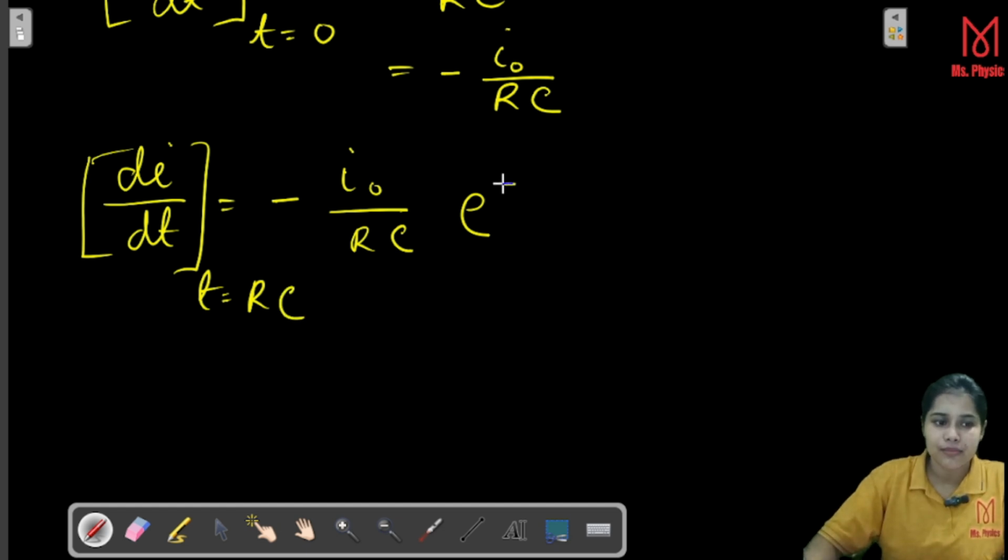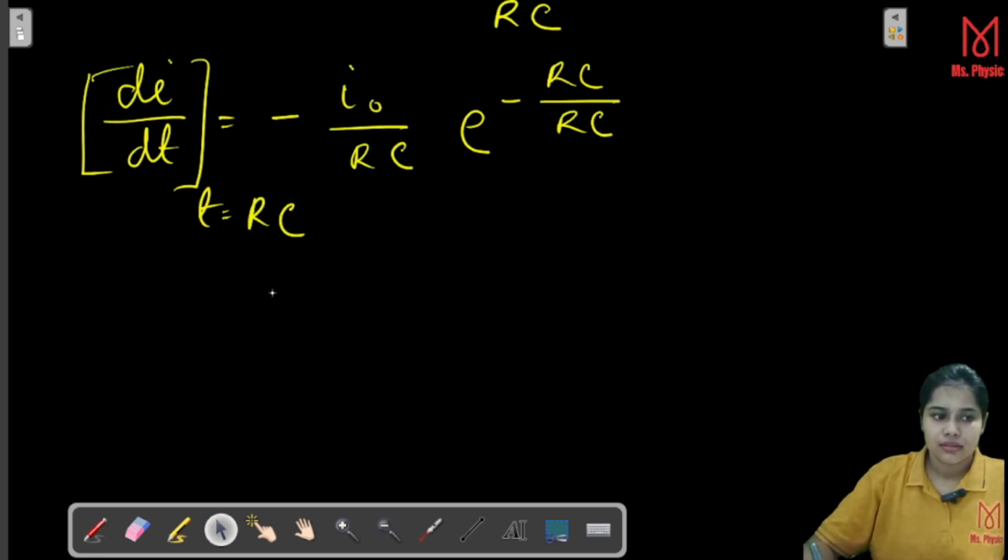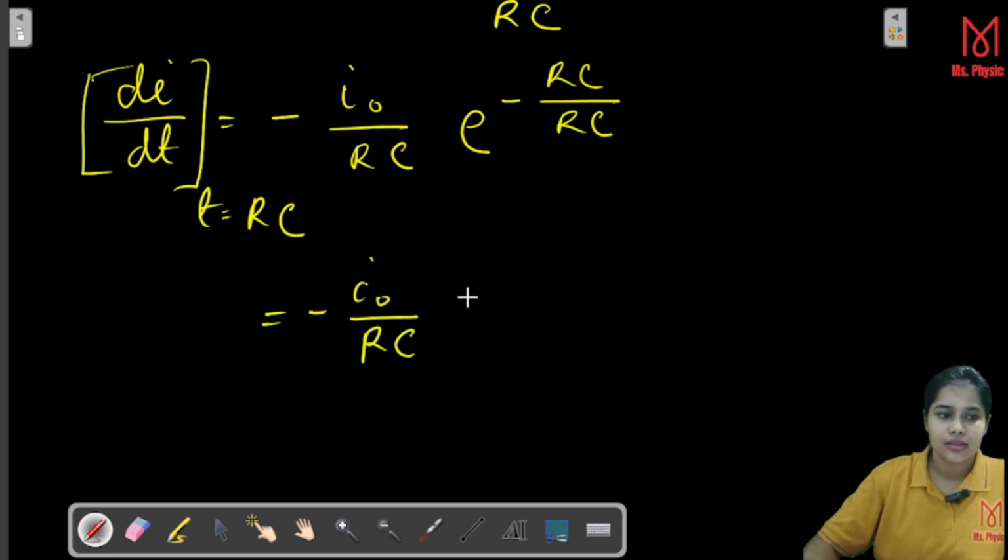That means e to the power −RC/RC. Therefore di/dt = −(I₀/RC)(1/e). So this is the answer for t = RC.